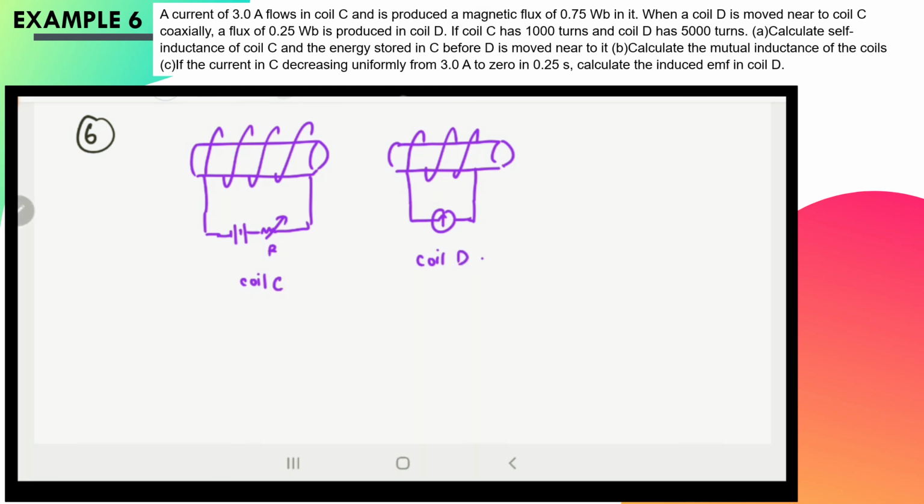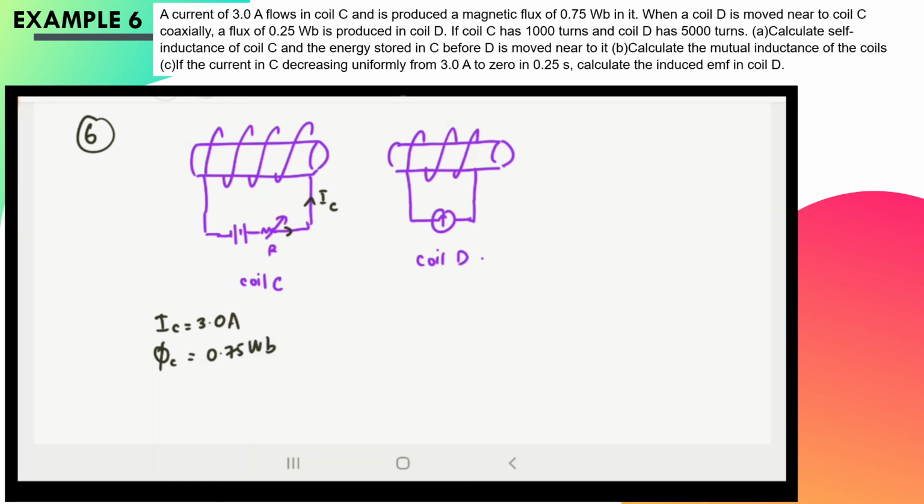So the question states that the current that flows in coil C is given as 3.0 ampere, and the magnetic flux produced in coil C is equal to 0.75 Weber.